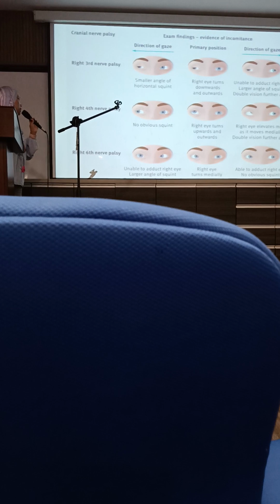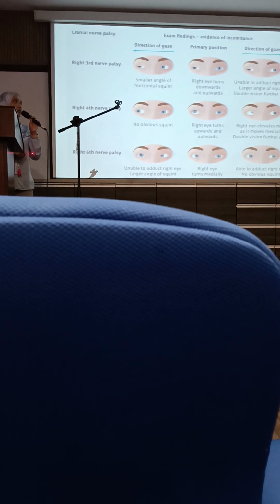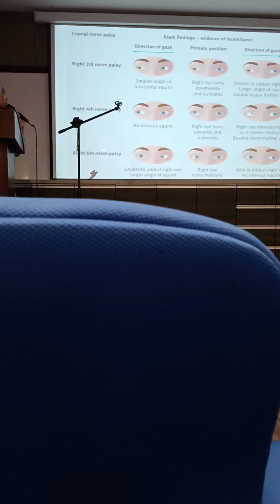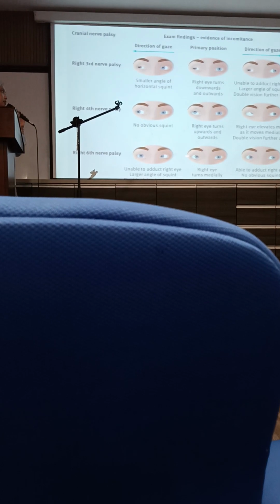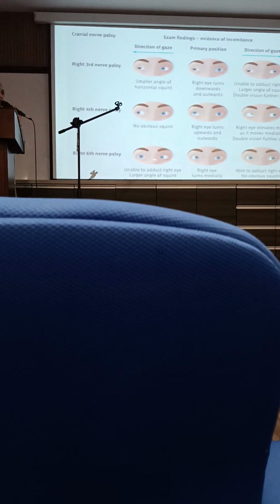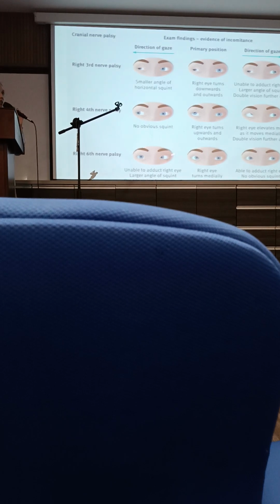Cranial nerve 6, which muscle earlier? Lateral rectus, LR6. So the lateral rectus is here, lateral, correct? When this is not functioning, the eye will turn medially. It cannot hold, and falls that way.